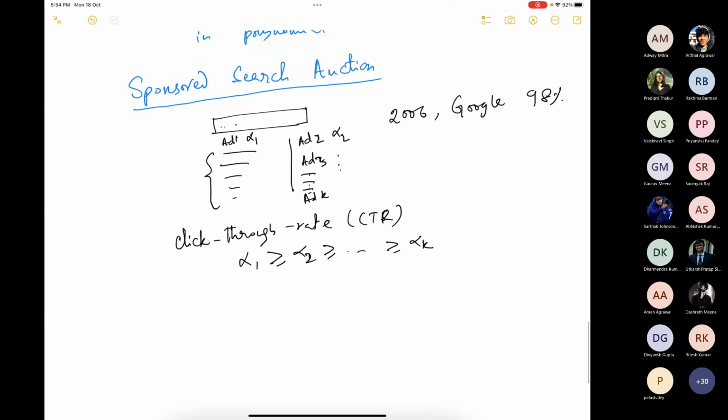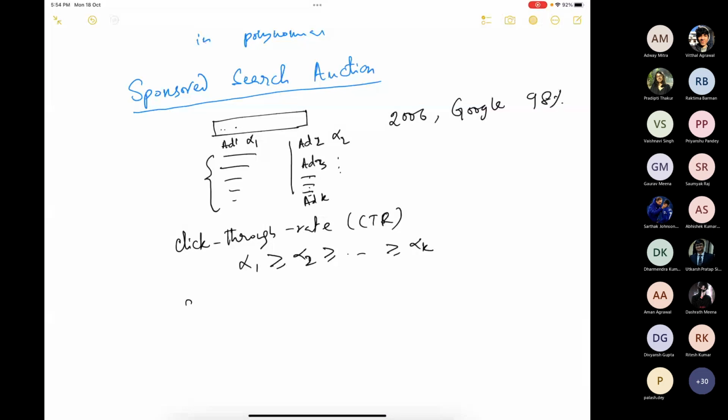And the other one is for each advertiser. Each advertiser, say i, has a quality score, which is say beta i.